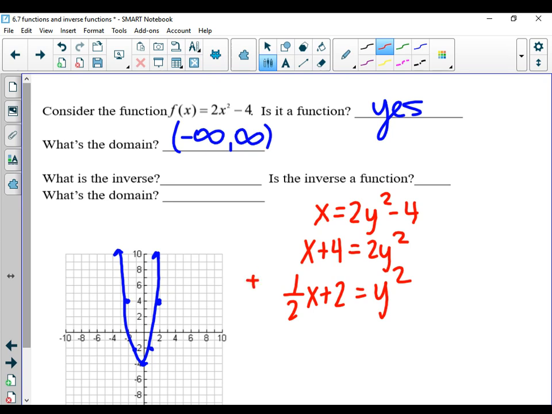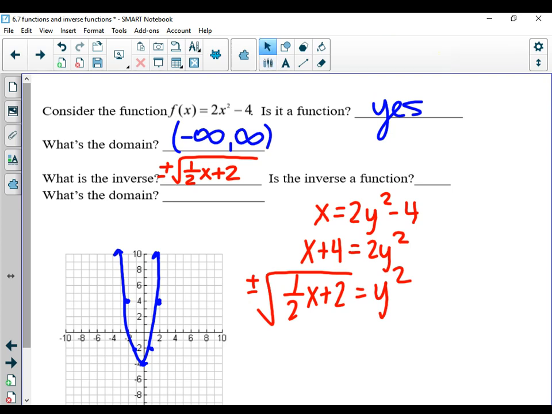Plus or minus. Now, we are not necessarily familiar with plugging in the square root with the plus or minus into our calculator. You can't just plug in a plus or minus. What you can do is put one of them as your y1 and then the negative as your y2.